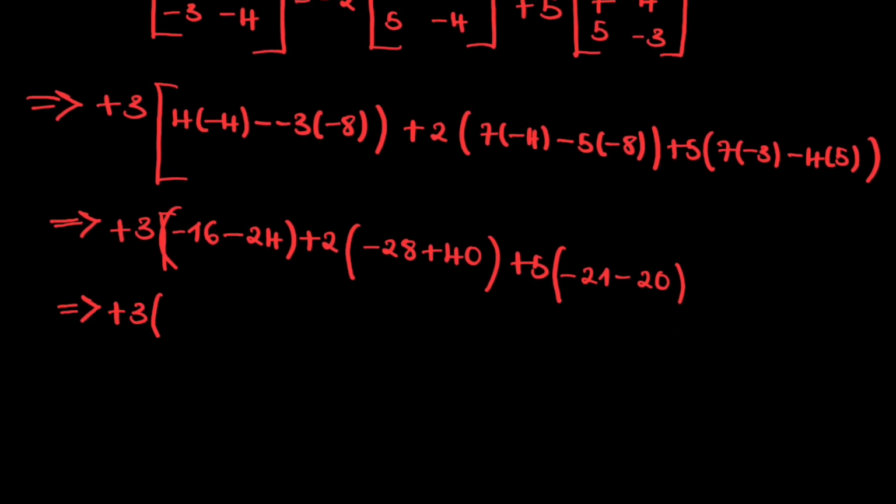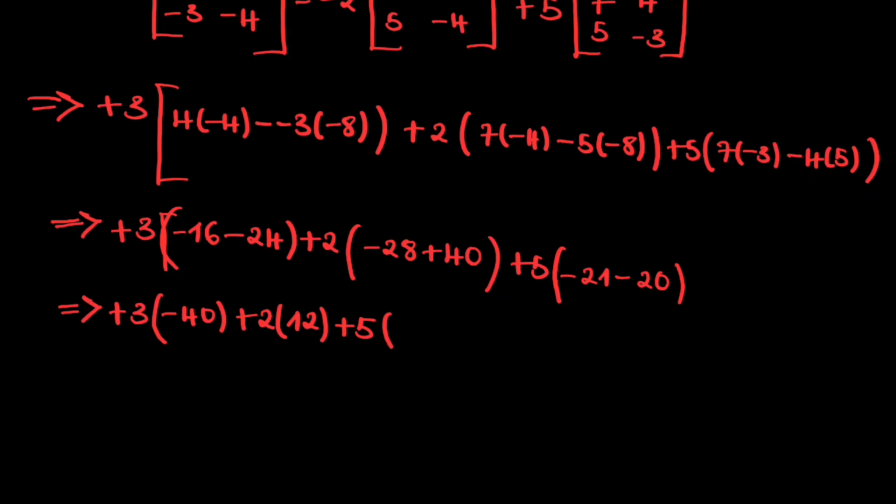Plus 3 into minus 16 minus 24, which is minus 40, plus 2 into minus 28 plus 40, which is 12, plus 5 into minus 21 minus 20, which is minus 41.